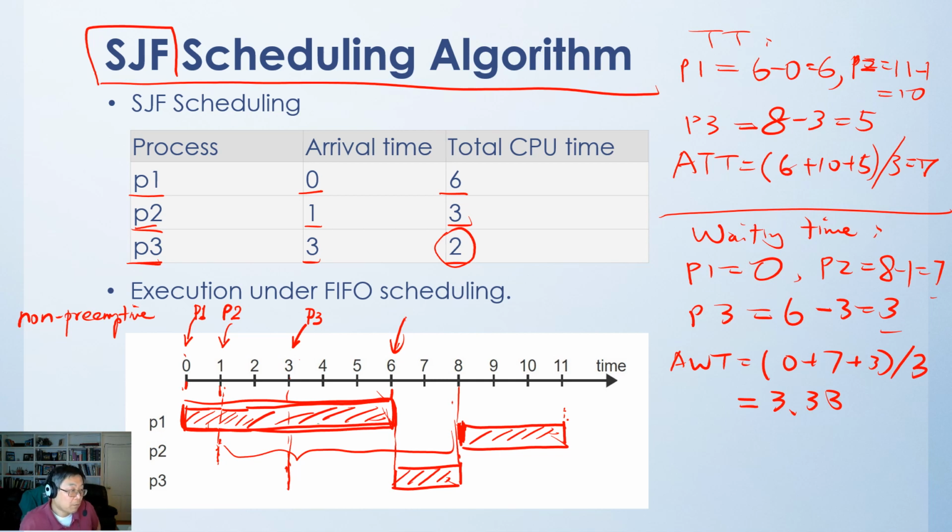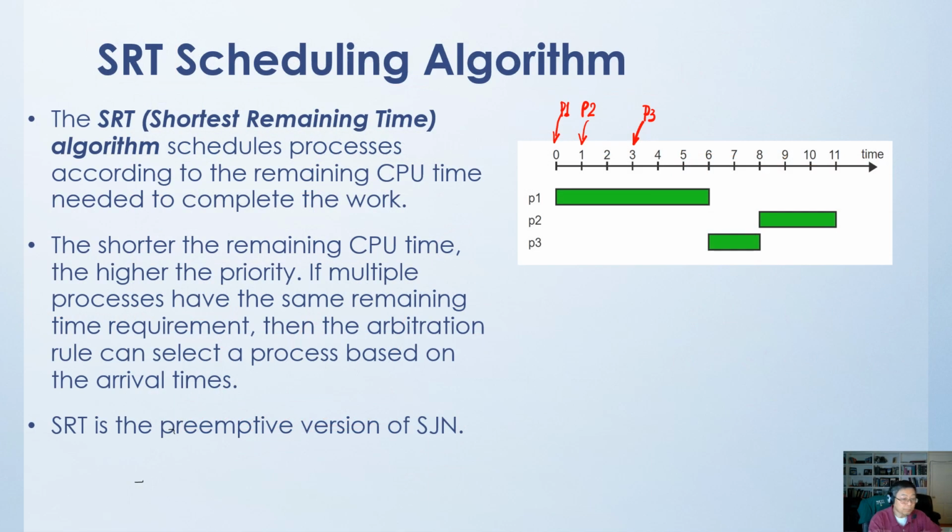Now in general, in exactly the same scenario, shortest job first will always beat the FIFO. That's for sure. Now we see that shortest job first improves the performance, both in terms of the average turnaround time and average waiting time.